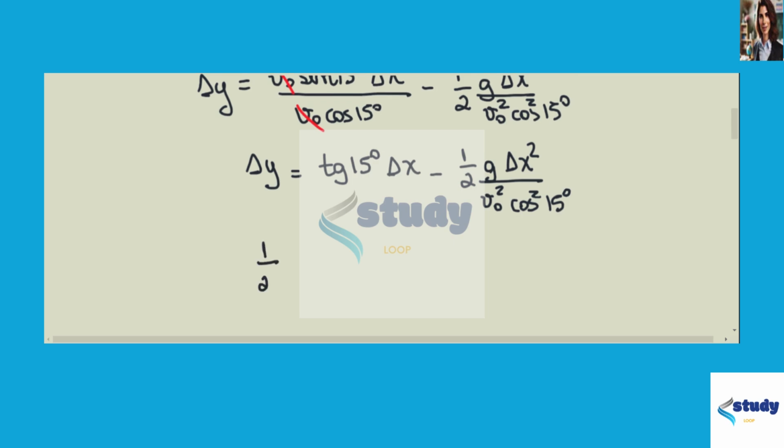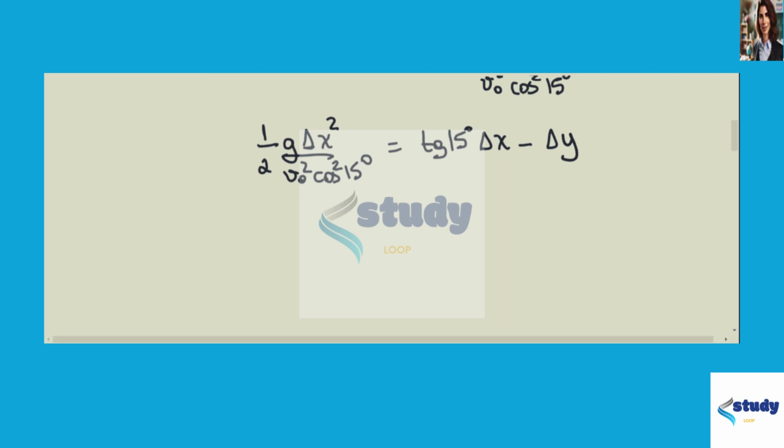Let me try to start isolating v0. So we have this term, and then this is equal to tangent of 15 degrees delta x minus delta y.